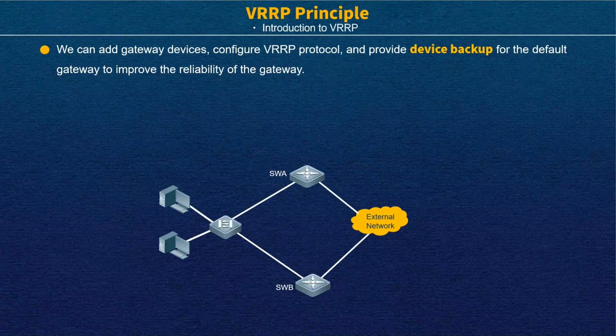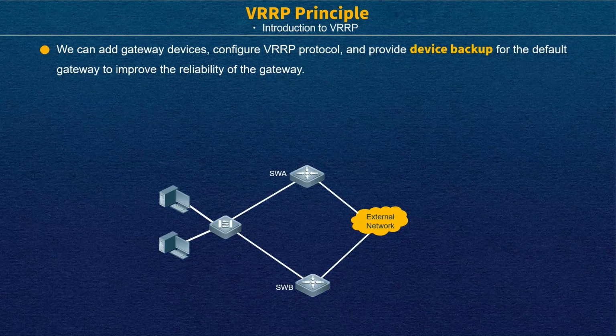Someone may say we can give two IP addresses to switch A and switch B, because by default physical devices cannot have the same IP address, otherwise there is a conflict. In this scenario, normally the terminals use switch A's IP address as the gateway. If switch A is broken, we can change the gateway address to switch B. But you will find the work is very busy, right?